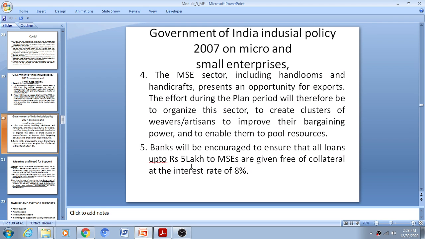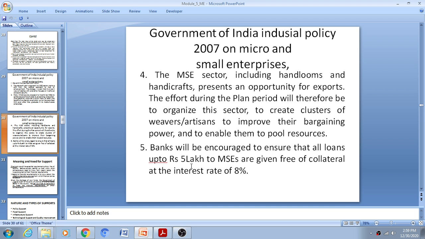Now, the fourth one. The sector covering handlooms and handicrafts presents an opportunity for exports. The effort during the plan period will therefore be to organize the sector to create clusters of weavers and artisans, to improve their bargaining power and to enable them to pool resources.